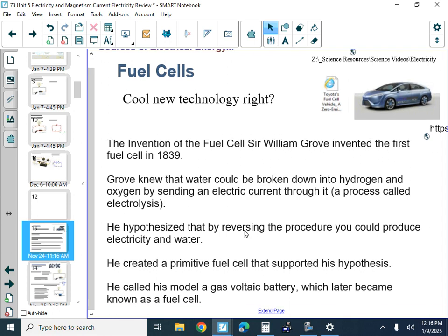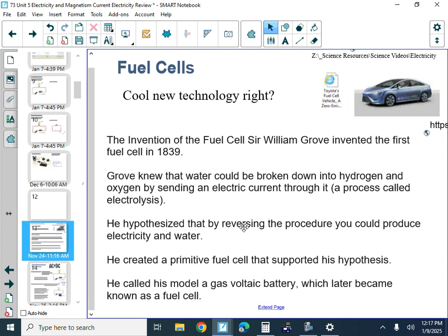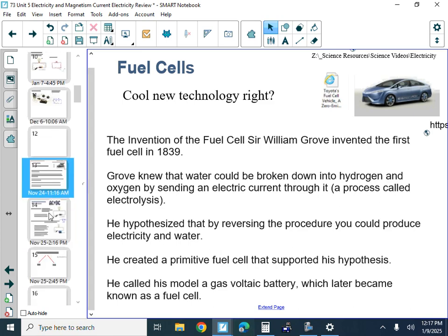And he realized that science is quite often reversible. So he designed an apparatus to show that if you reverse that process, you take hydrogen and oxygen and combine them, you can actually use it to release electricity, which is the exact opposite process. And so that's a gas voltaic battery, which later became named the fuel cell.